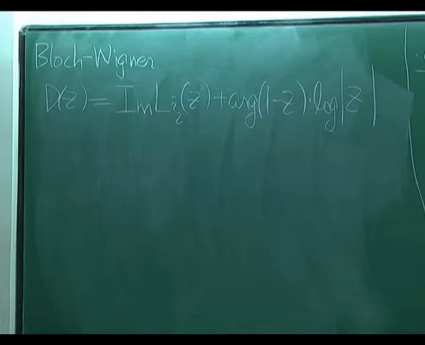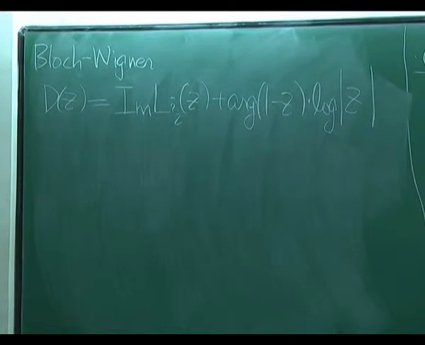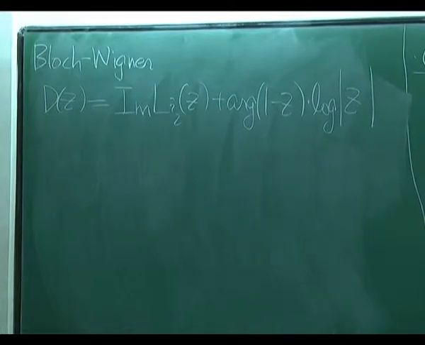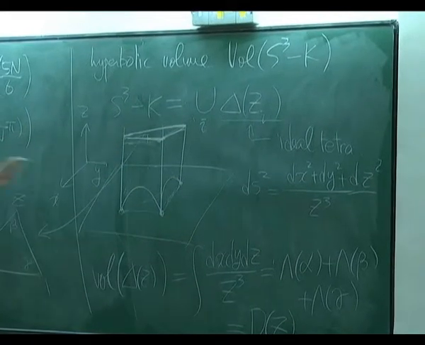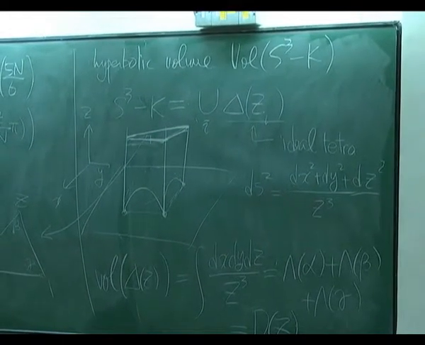So anyway, this is a very rough explanation, but any ideal hyperbolic tetrahedron is parameterized by only one complex number. So as the total volume of the knot complement, we just take the sum of the volumes of each tetrahedron.